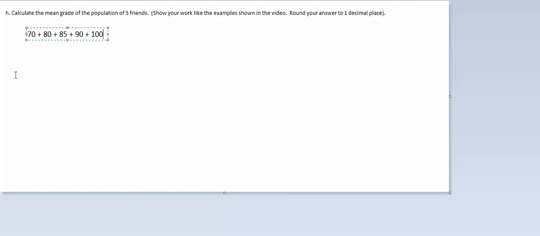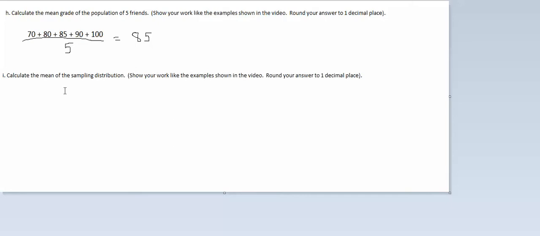These are the grades of the 5 friends in the population. So to get the mean of the population, we just add the 5 grades and divide by 5. And it should, if you do the work, come out to 85. At least in my example, because your numbers aren't the same as mine, so yours might come out to a different number. But that's all you have to do for part H.